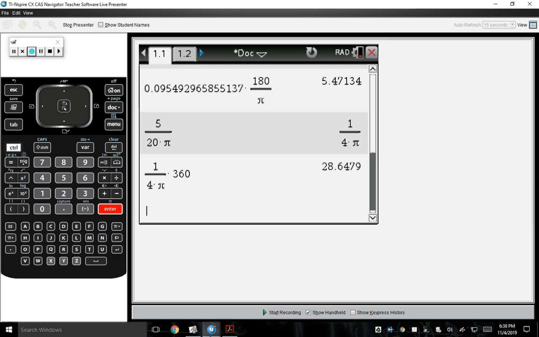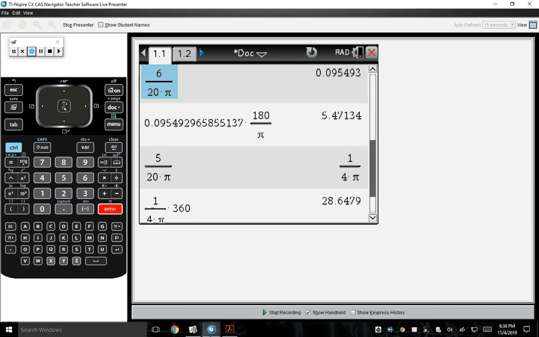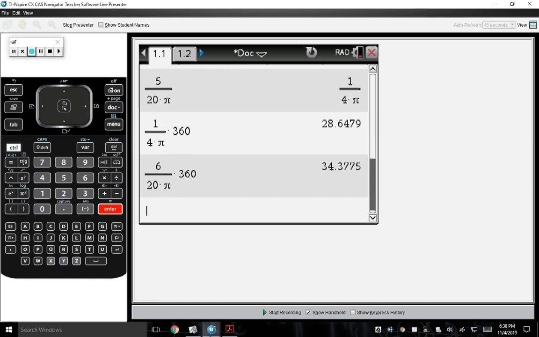So we have 28.6. You with me? So the other one, do you see how I'm just going up and pressing enter to bring it down? I'm going to multiply this one by 360. So there you go. 28.6 all the way to 34.4.